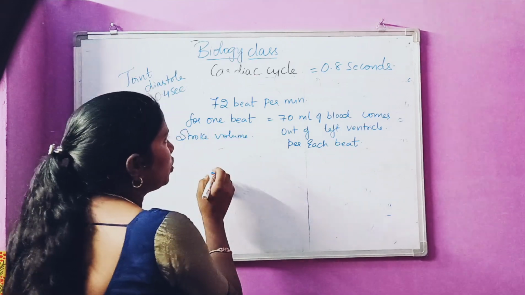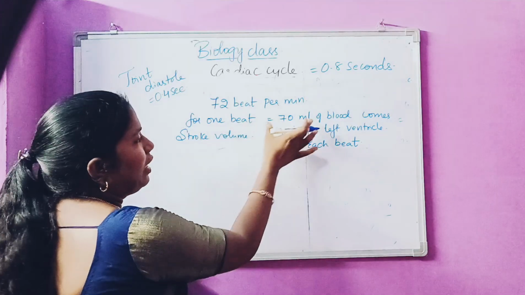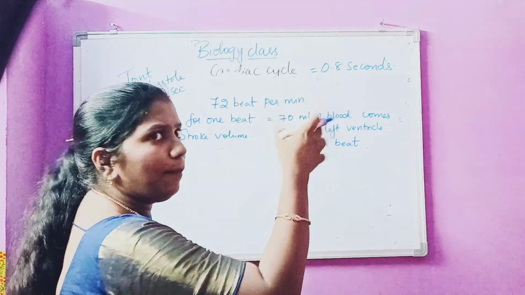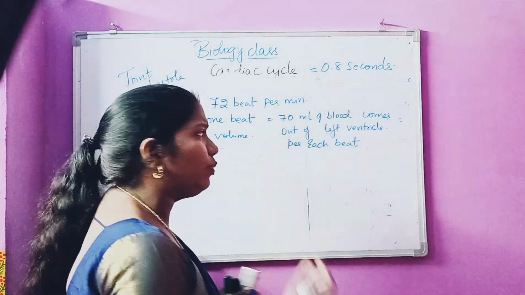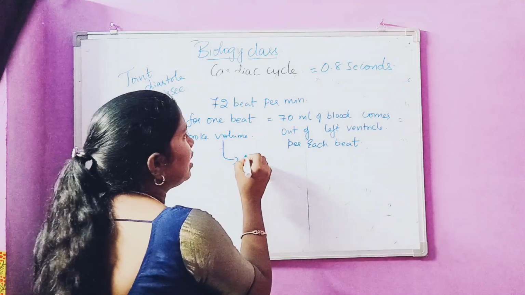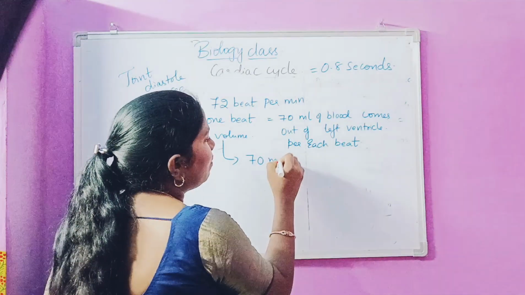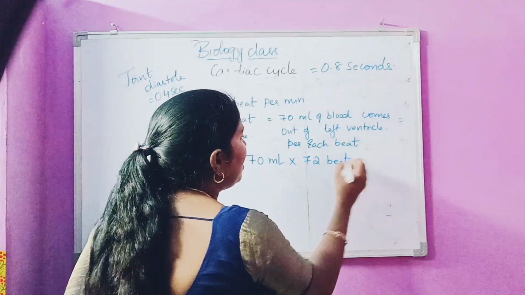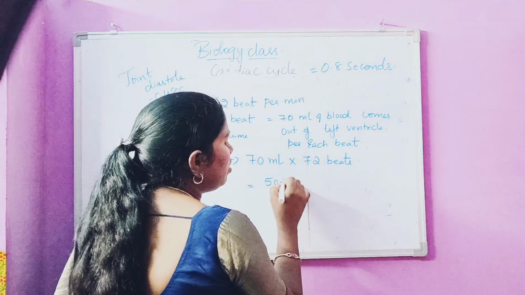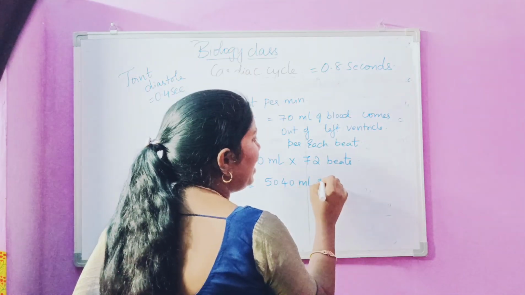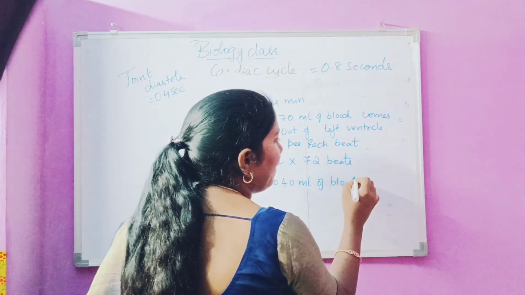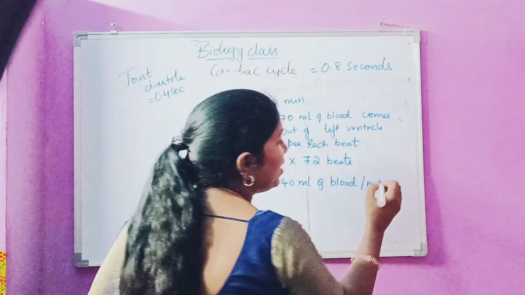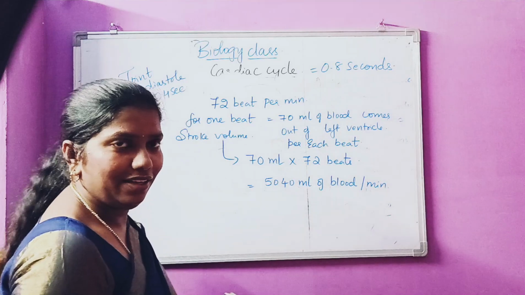What is the formula of cardiac output? Number of heartbeats times the amount of blood pumped by each ventricle. So stroke volume 70 ml times 72 beats per minute is approximately 5040 milliliters of blood per minute being sent out by the heart.